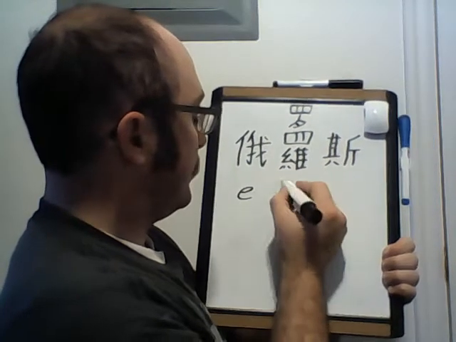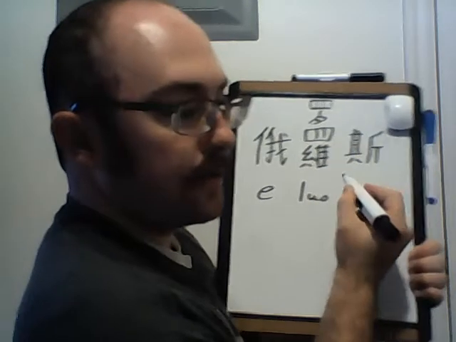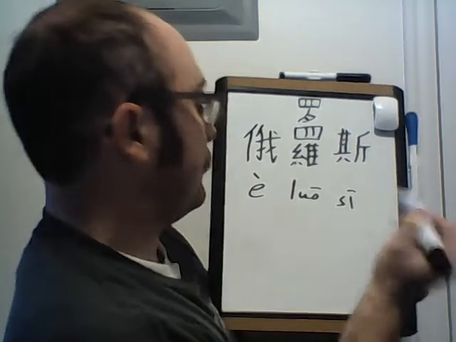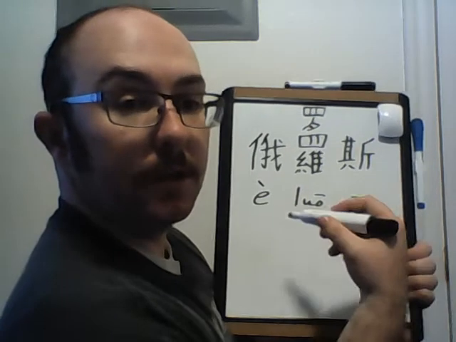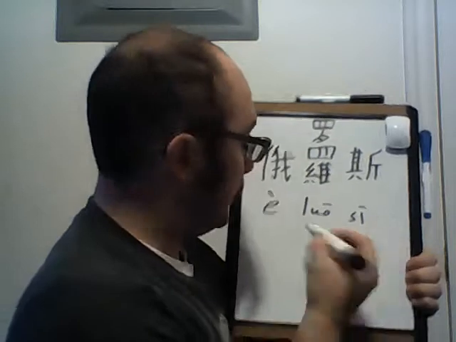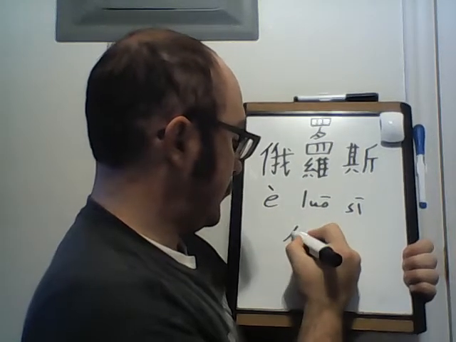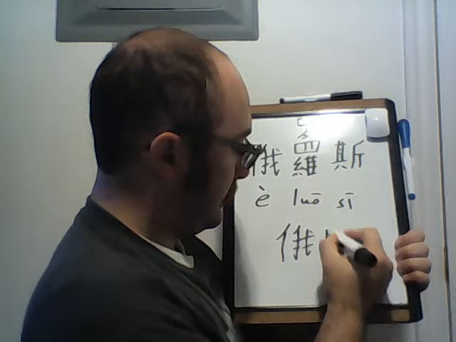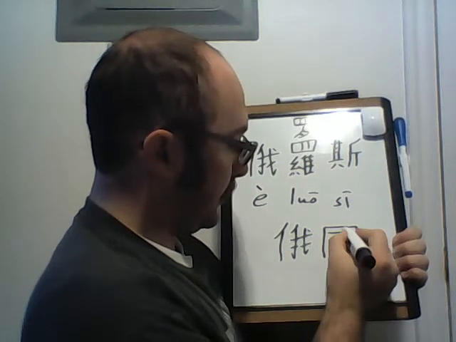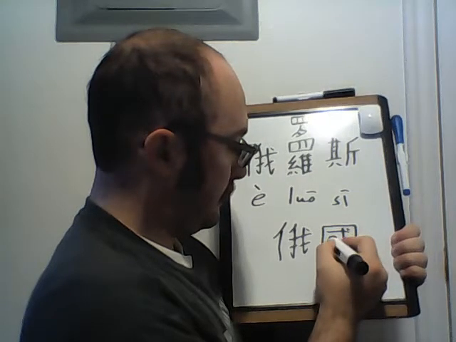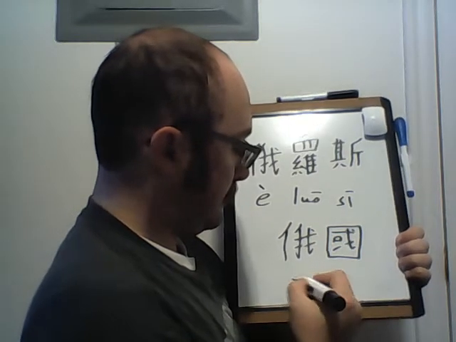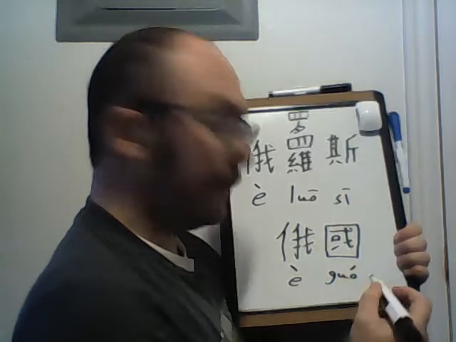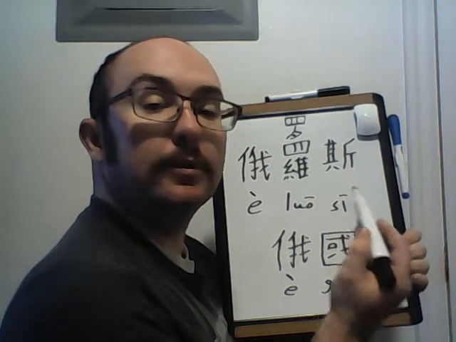But this is 俄罗斯, and well, the other name for this country, you just take that first character, put the character for a country, so it's either 俄罗斯 or 俄国.